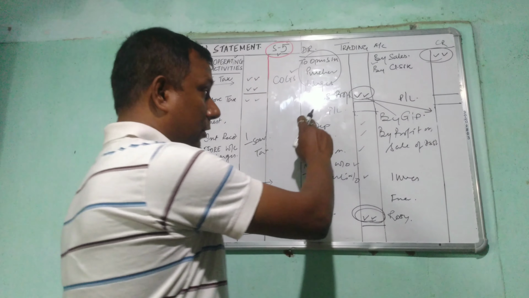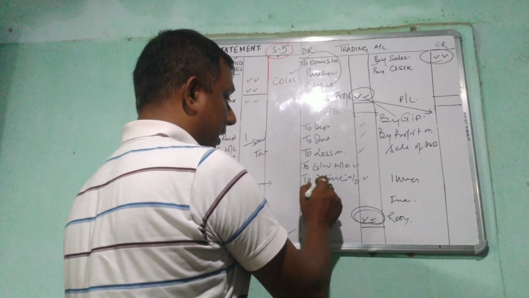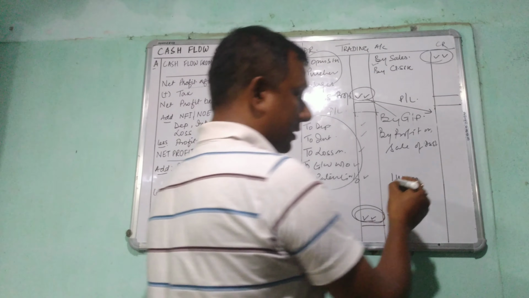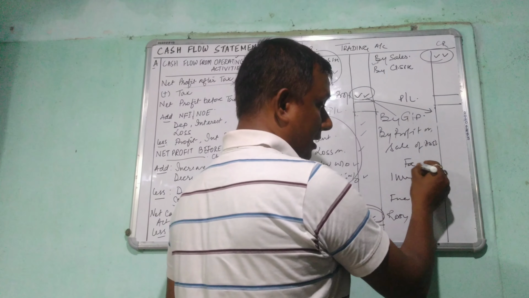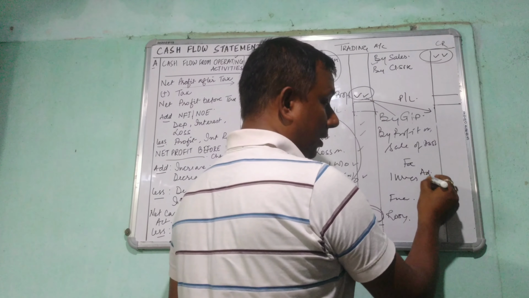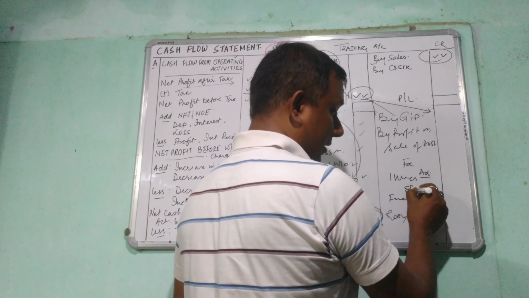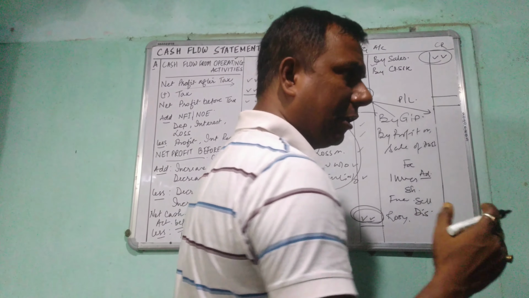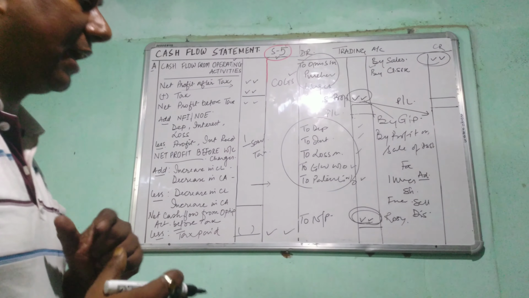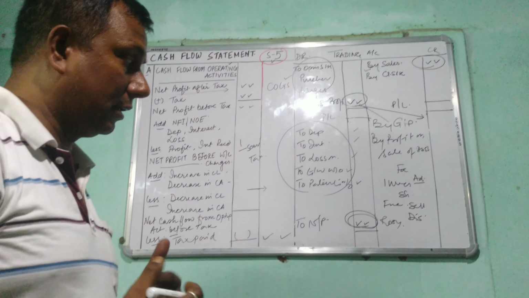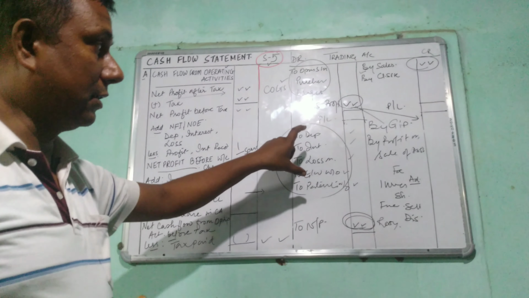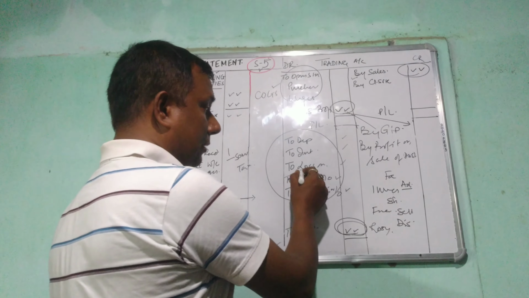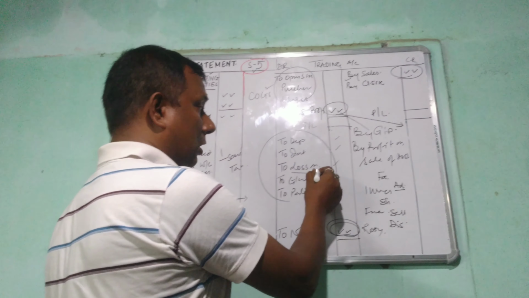In the PL account we take all the expenses. There are different types of expenses: factory expenses, administration expenses, showroom expenses, selling expenses, distribution expenses. These expenses which we incur for conducting the business come in the PL account. Sometimes there are items which we don't pay, like loss on the sale of assets.